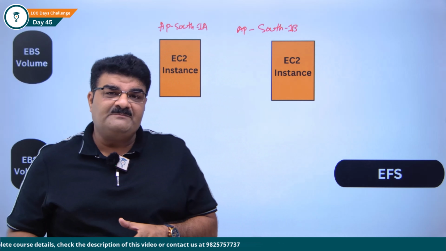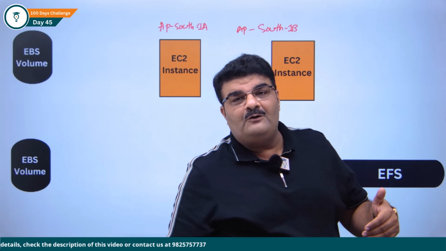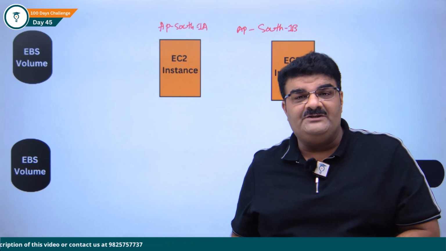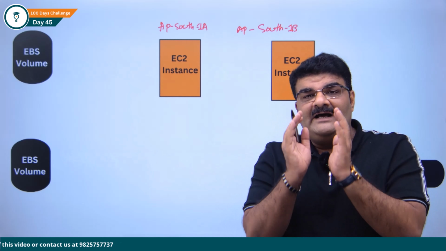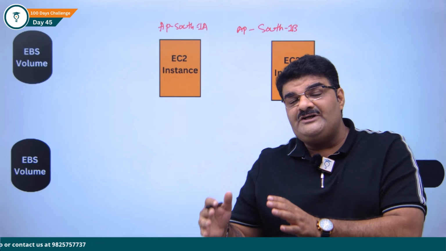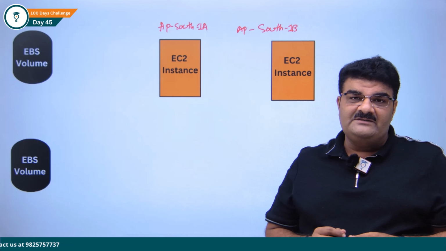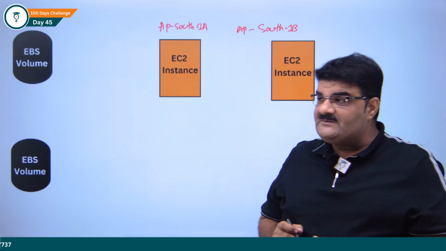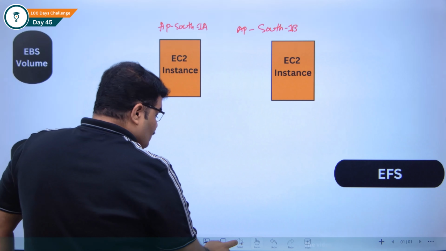I'm going to explain what happens if you use EBS. Now, EBS is not shared storage. It is directly attached storage, and you cannot share it with multiple EC2 instances. So if I want to use EBS here to store my website, I have to have two EBS volumes.